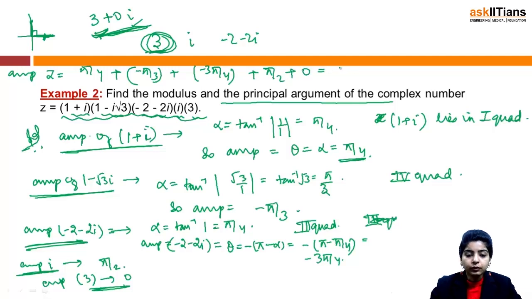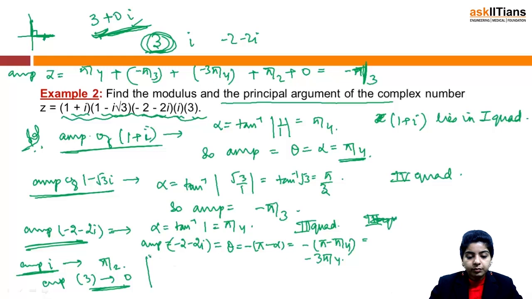So this is what we have obtained: pi by 4 minus pi by 3 minus 3 pi by 4 plus pi by 2 plus 0, that finally becomes minus pi by 3.